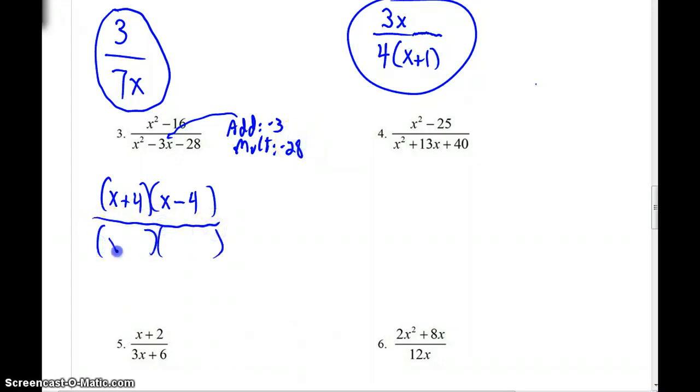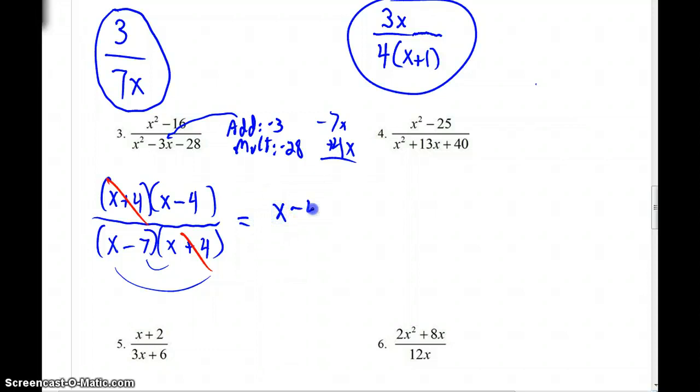Well, plain and simply, we would need a 7 and a 4 more than likely. And checking, you can see that a 7x and a 4x could add to negative 3 if you made your 7 a negative and your 4 a positive. Then negative 7 times 4 would be negative 28. We could cancel out the x plus 4 factors, leaving us with a final answer of x minus 4 all over x minus 7.